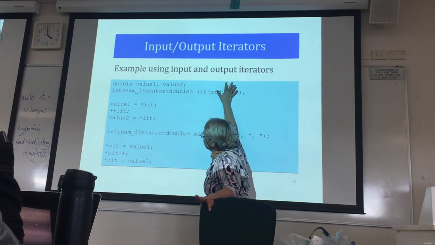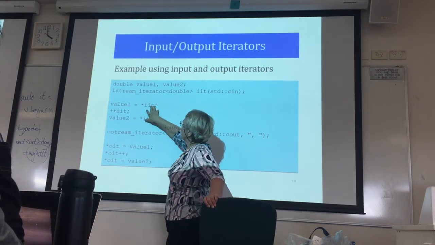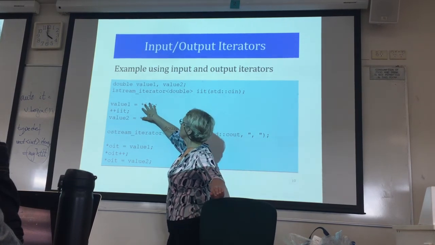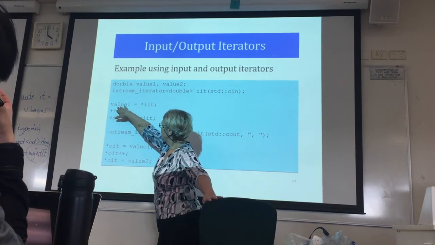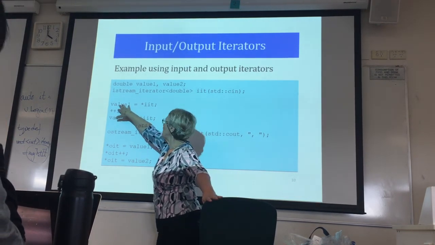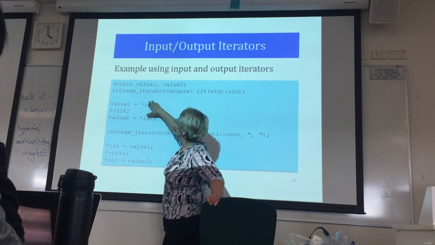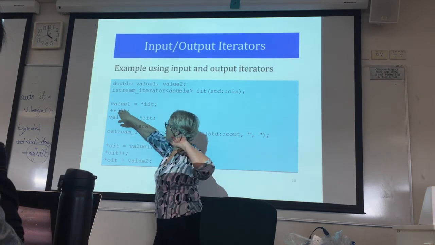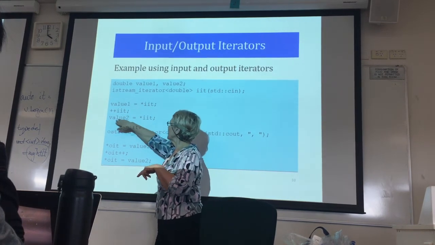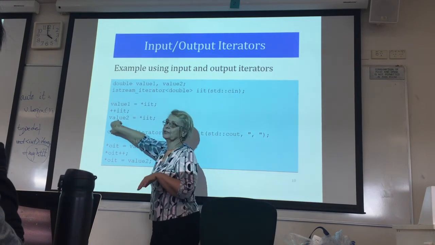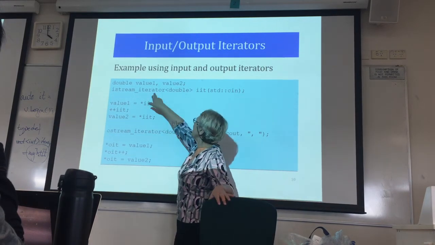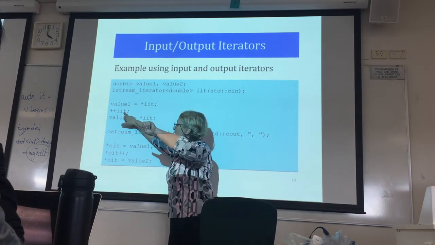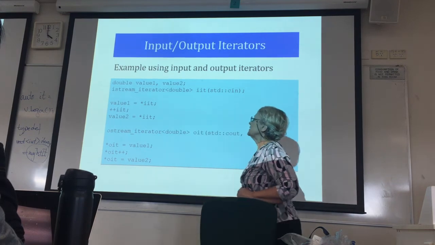And then value1 reads whatever was entered by the user from the keyboard, and it is placed in memory. Then we move to the next location, and the user enters another value, and that is stored there. So the user has to know that they have to enter 2 double values. With this, the first is read. You have to move to the next one to allow for reading the next value.